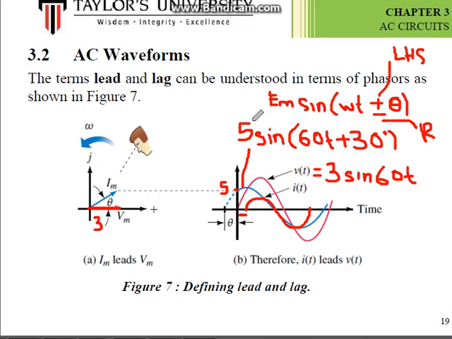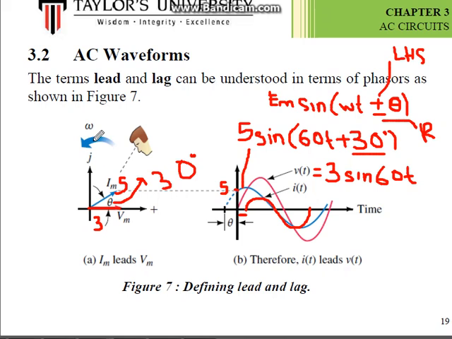In fact, you can denote this Im as 5, because that's the magnitude. And this degree, as you would have guessed by now, will be 30 degrees. So it's important for you to label all this when you are drawing your phasor diagram.